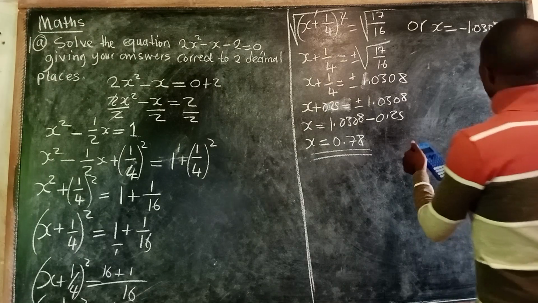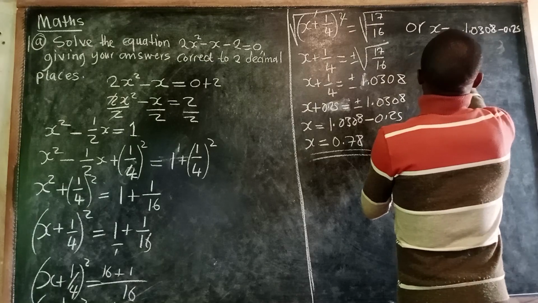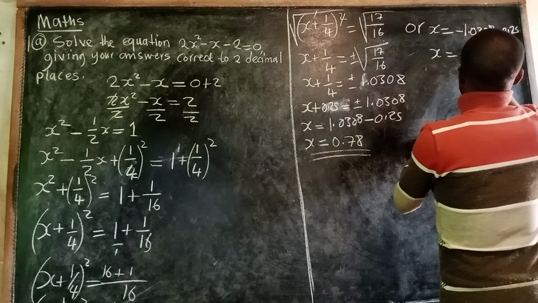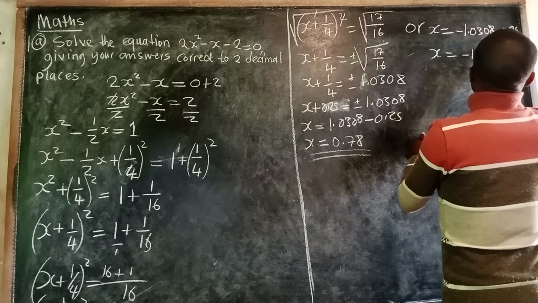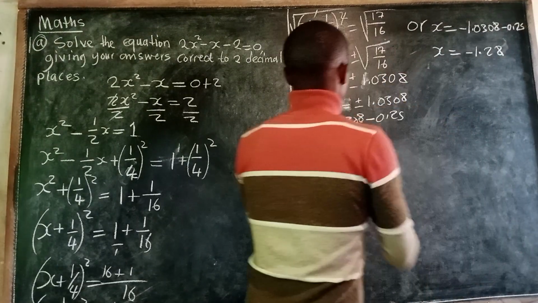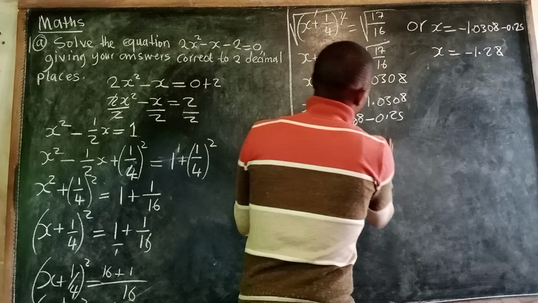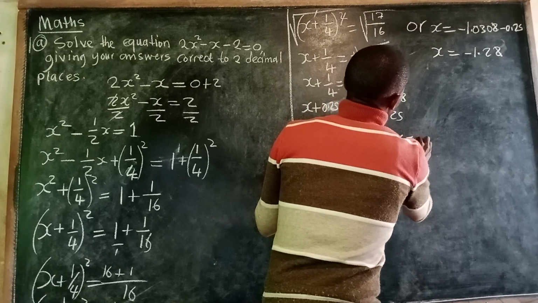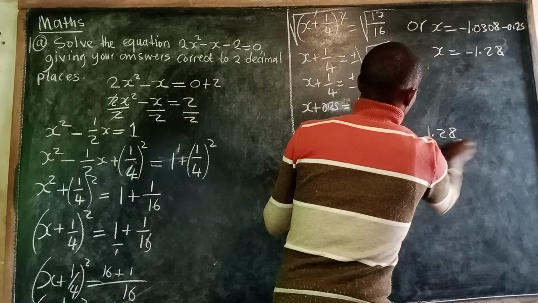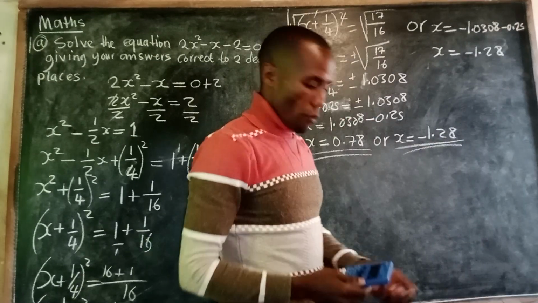So here we are going to say x equals negative 1.28. So we are saying x equals 0.78, or x equals negative 1.28. Okay, therefore the answer.